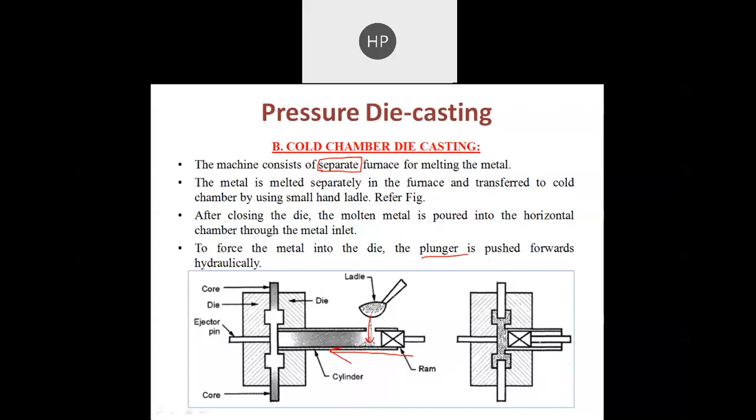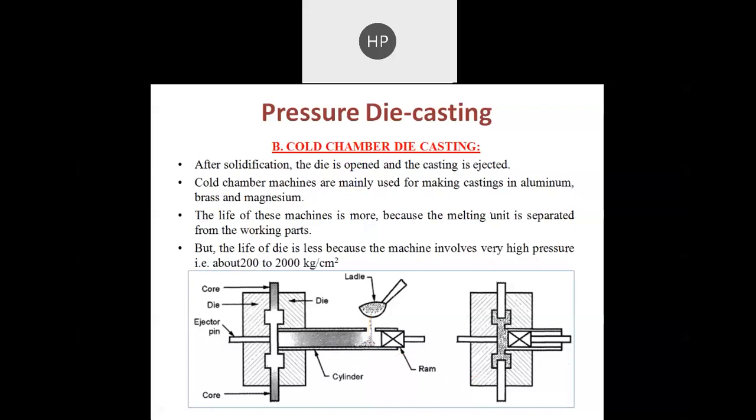As you can see here, this plunger has moved to this point, so the whole cavity is filled by the molten metal. And then again, after solidification, the movable die will move, and the object will be taken out from the cavity.